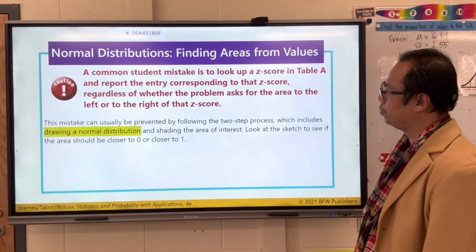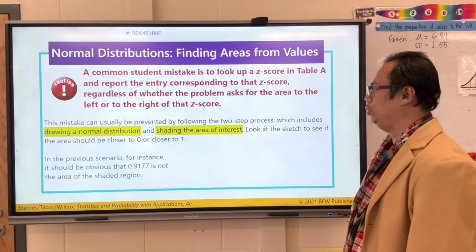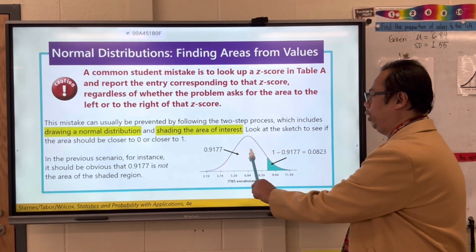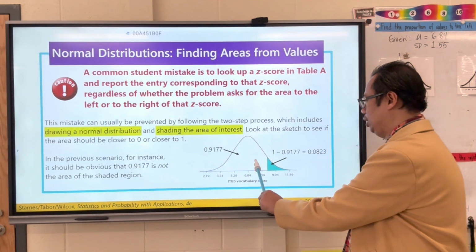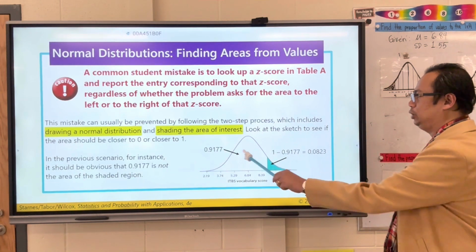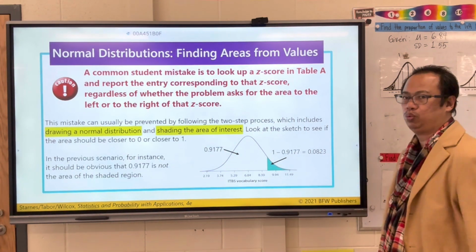As you can see, this is 0.9177 and this is 8.23%. If we add these two, that is 1.